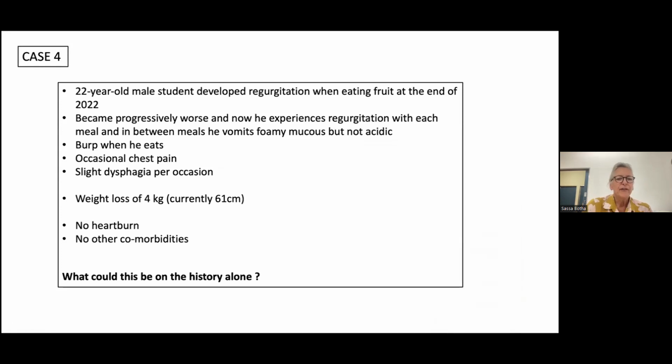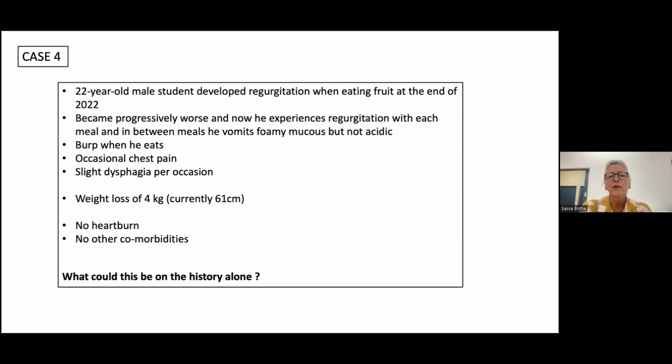Okay, so our last case is why I'm putting the history like this. People can give you the weirdest histories, and it can actually take you off track. So this was a 22-year-old male who developed regurgitation when eating fruit at the end of 2022.